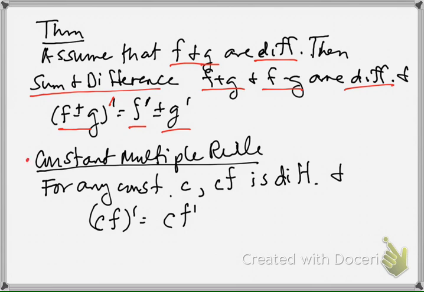Now we have our constant multiple rule that says if I have any constant c and the function is differentiable, then the derivative of c times the function is just that constant times the derivative of that function.